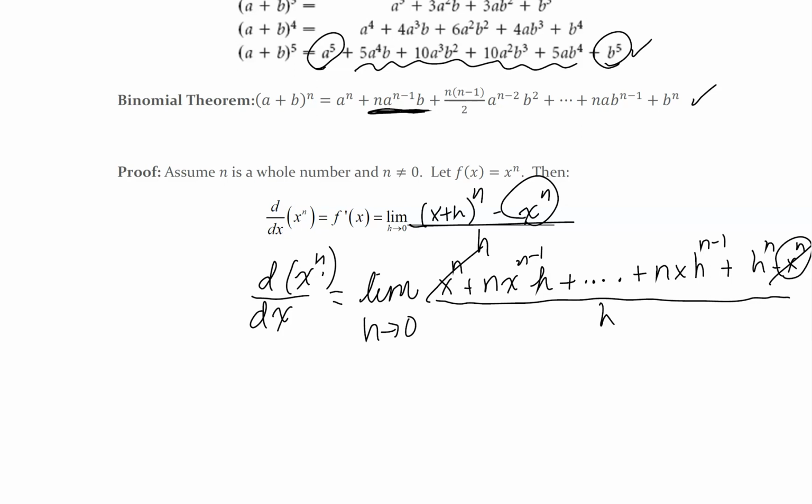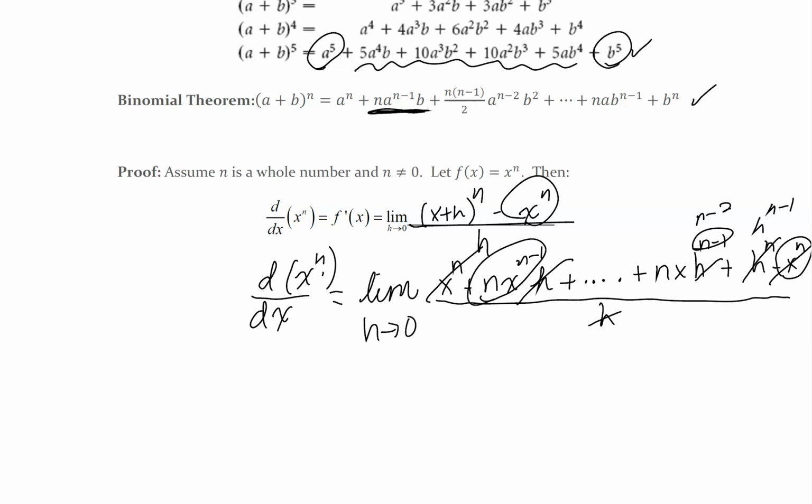So when you divide things by h, everything else here will have an h attached to it, except for this one right here.